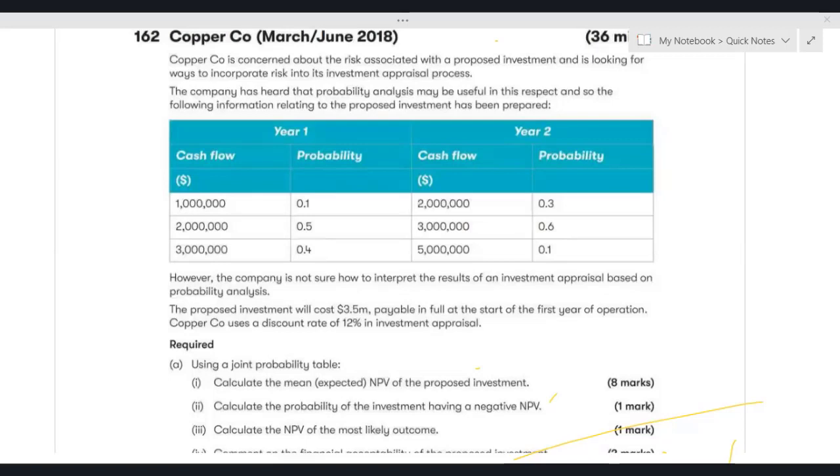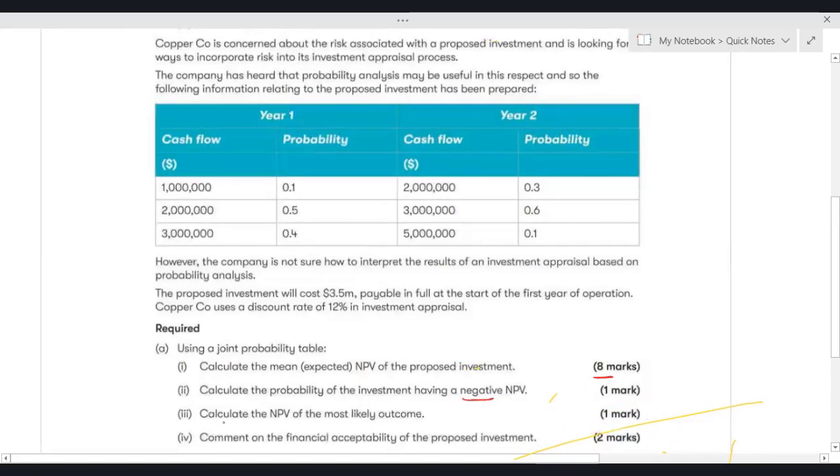I would say before the COVID. This question came using joint probability: calculate the mean expected NPV of the proposed investment, 8 marks. Calculate the probability of the investment having a negative NPV. Calculate the NPV of most likely outcome and comment on financial acceptability of the proposed investment.